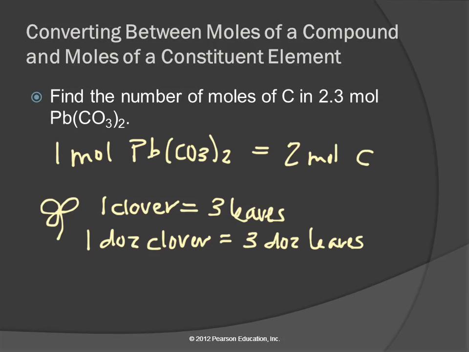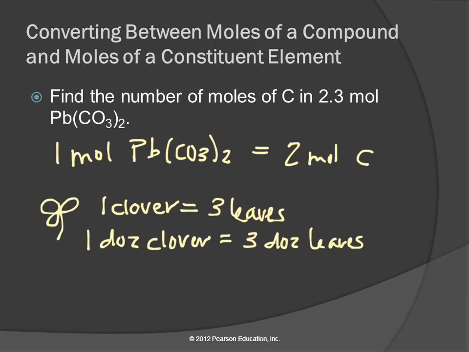Because a dozen is just a certain number. So it's like I'm taking this side of the equation and multiplying by 12, and this side and multiplying by 12, 12 being a dozen. So 1 clover has 3 leaves. A dozen clovers would have 3 dozen leaves. You follow that? Is that okay?